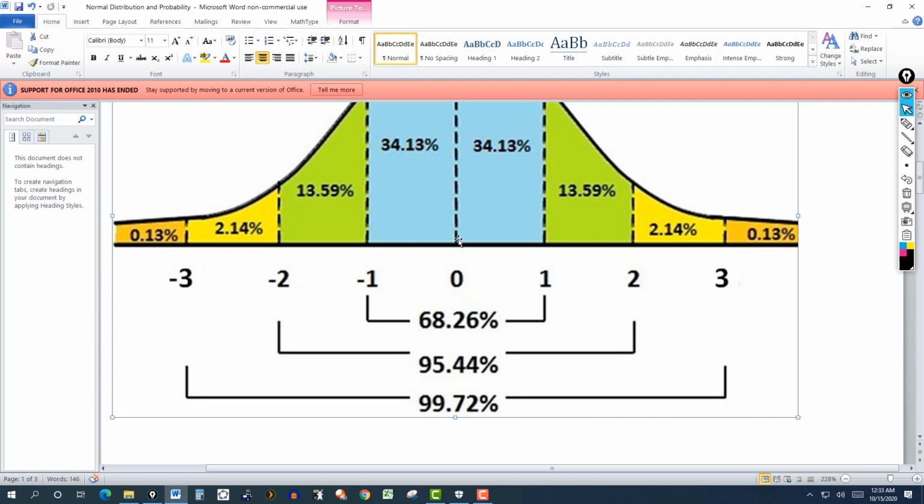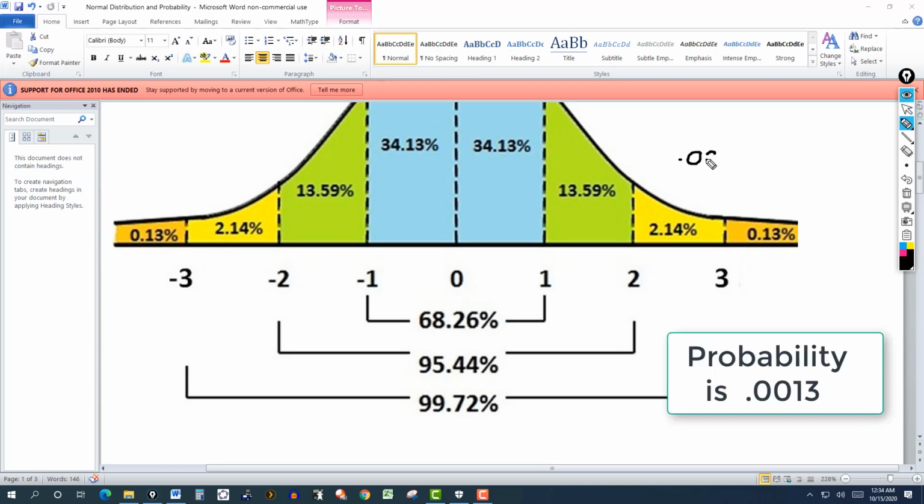But notice, the 0, remember, corresponds to 100. So 15 more, that's 115. 15 more is 130. 15 more is 145. So the probability the person scores higher than 145 on the test, which would be a genius, is 0.13%, or actually converted, 0.0013. I have to convert that without the percent. So that would be a genius.